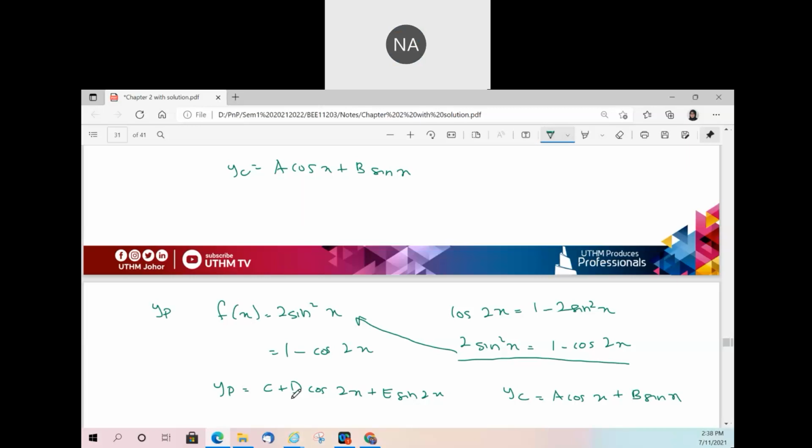Yang fx tu satu minus cos 2x. So yang YP tu bukan jadi C minus dengan D cos 2x lah, dengan minus E sin 2x lah? Oh, dia actually this one plus minus this one dia tak kisah.